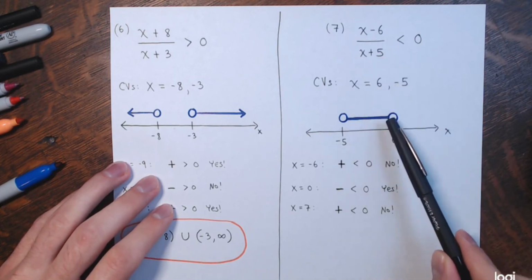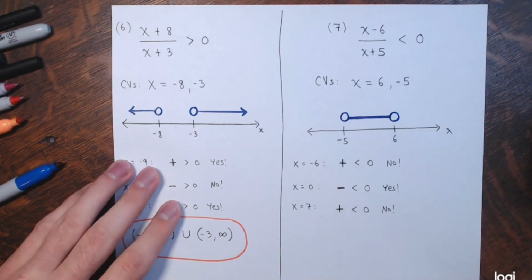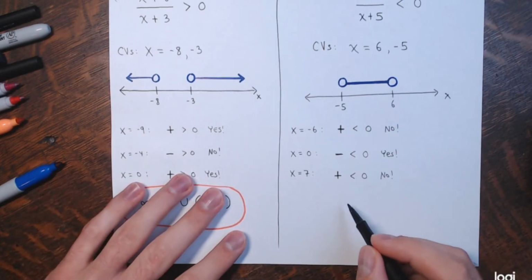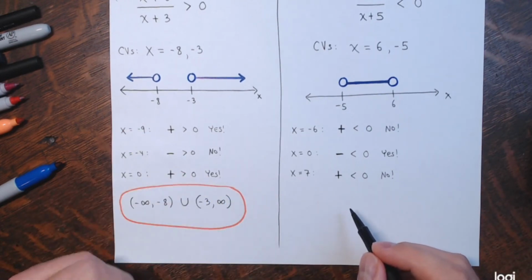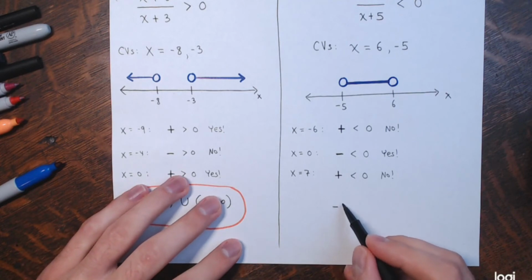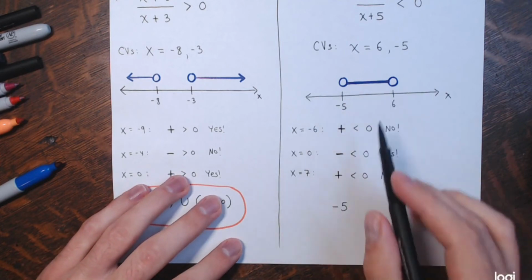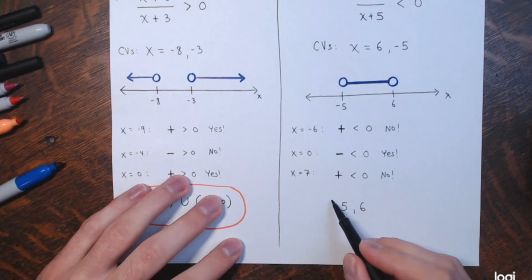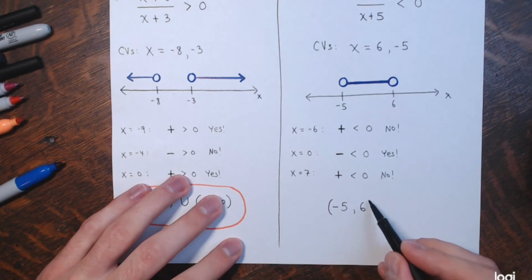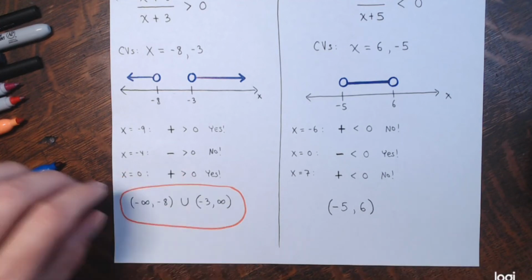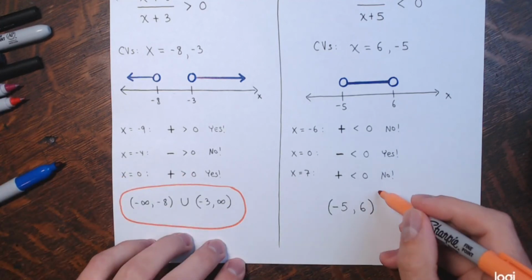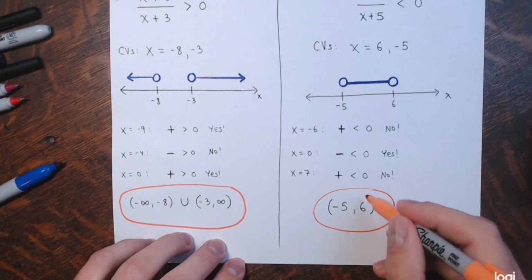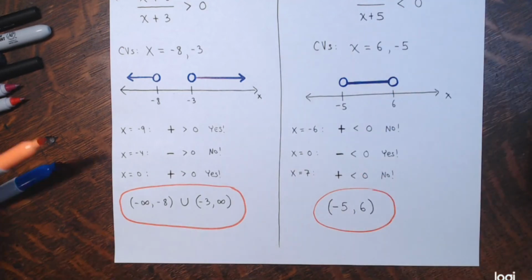The only numbers that would make it true are any number between -5 and 6, not including -5 or 6. So that's that in interval notation. That would be the interval from -5 to 6. So -5, 6, and neither one of these endpoints is a solution. So parentheses on both of them. And this is the interval notation for the solution set of that inequality.